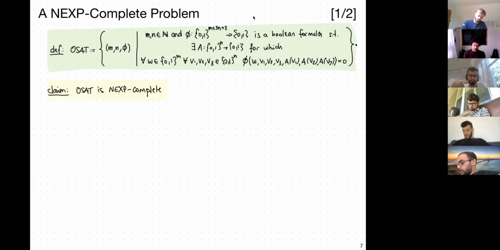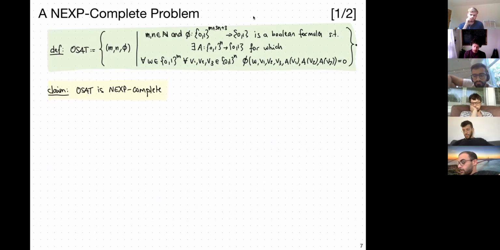First thing, can anyone tell me why this language is in NEXP? Why there exists an algorithm where somebody can provide you an exponential size proof and you can run in exponential time and verify it? Because your witness is the assignment. Yes, absolutely, thank you.